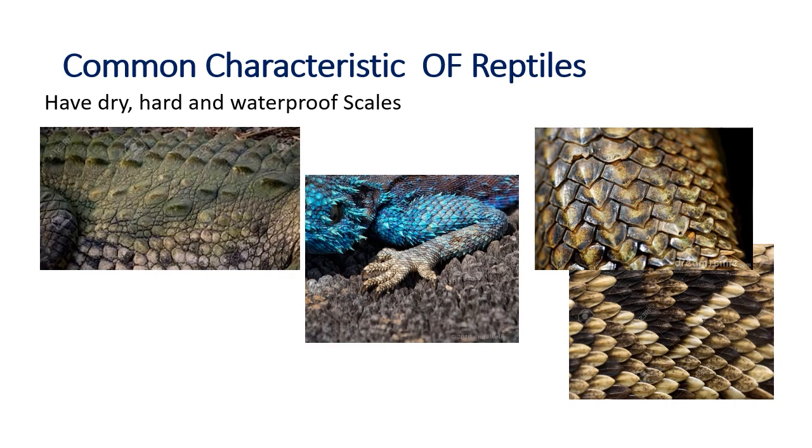They have a function to protect them. However, how are their scales different from fish? Take a look. They have dry, hard, and waterproof scales. Each scale is different from one animal to another.